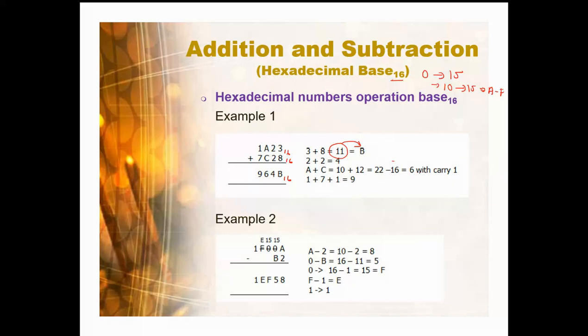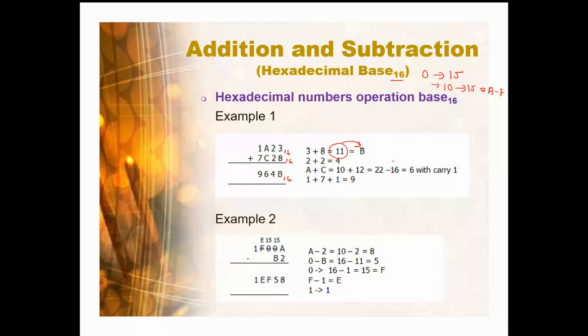Okay, you have 6 carry with 1. Okay, so you have 6 and 1 at the back. Okay, 1 plus 1 is 2. 2 plus 7 is 9.